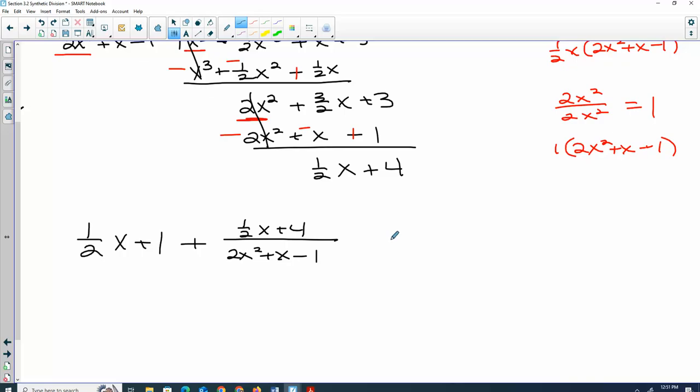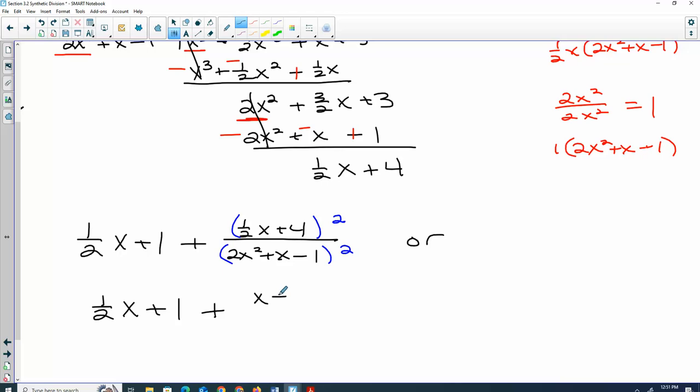That's kind of ugly because I have a fraction and a fraction. Can we fix that? If I wanted to get rid of this 1/2, I would have to multiply it by 2. If you do it on the top, you have to do it on the bottom to get an equivalent fraction. And we're just doing that in the fraction.